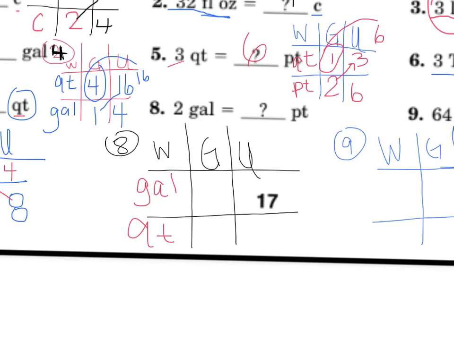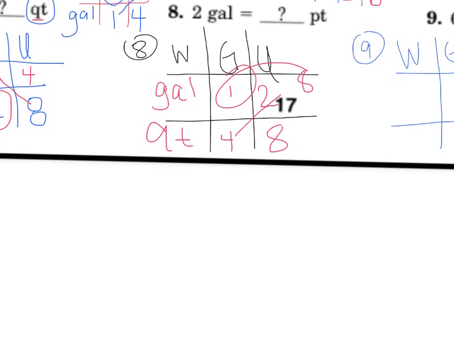And so I know that 1 gallon is 4 quarts. 2 gallons would be 8 quarts. And then I'm going to change 8 quarts to pints. So this becomes my given information right here.